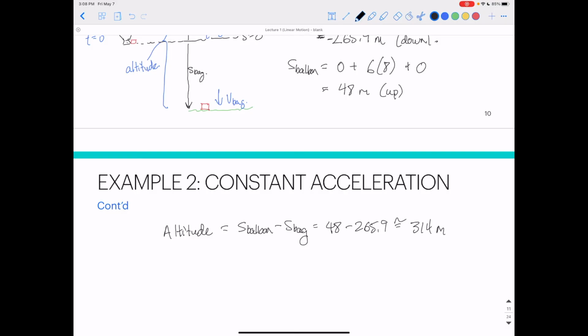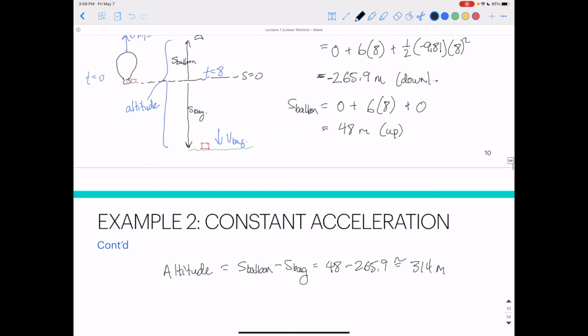So when the bag hits the ground, the balloon is 314 meters above the ground. Just remember that the altitude is the distance from the ground to the balloon, and it's not s of the balloon, or the position of the balloon, because we decided earlier that the position s equals 0 is when the balloon releases the sandbag.